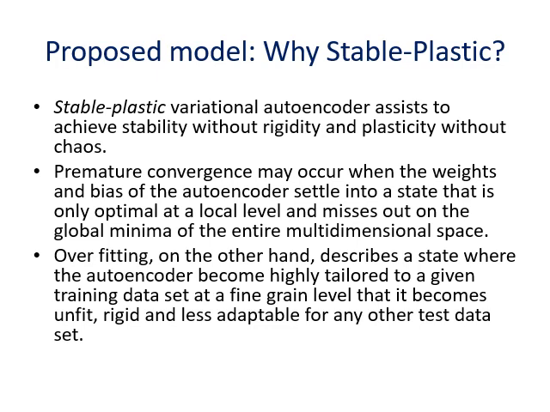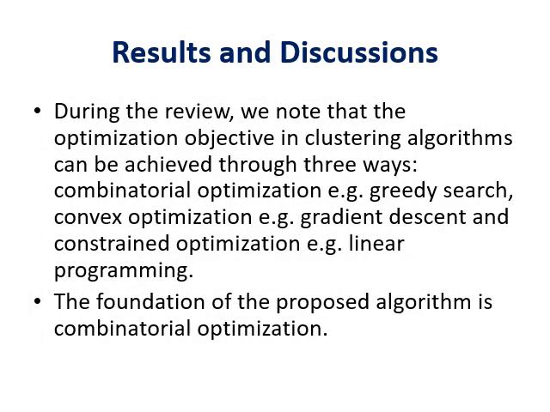In the results and discussions, one of the things we noticed during the literature review is that the optimization objective in clustering algorithms can be achieved in mostly three ways. One is combinatorial optimization, and a very good example is the greedy search.